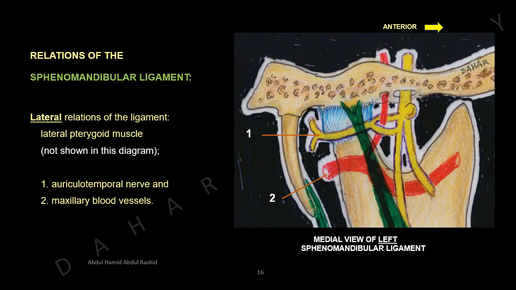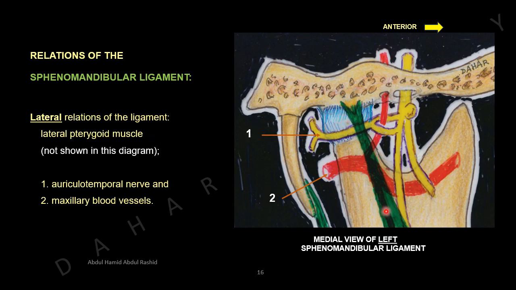Relations of the sphenomandibular ligament. This diagram is the medial view of the left sphenomandibular ligament. Lateral relations of the sphenomandibular ligament: the lateral pterygoid muscle, which is outside the sphenomandibular ligament.